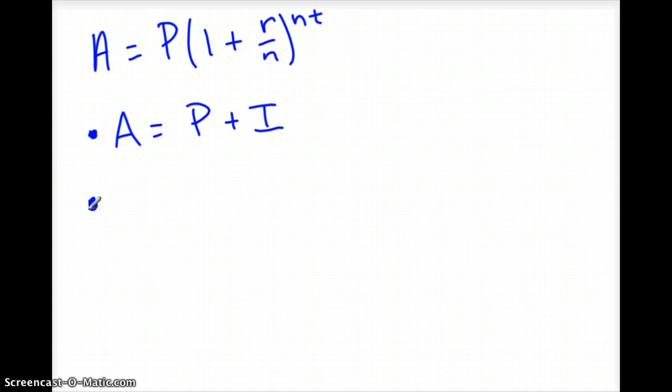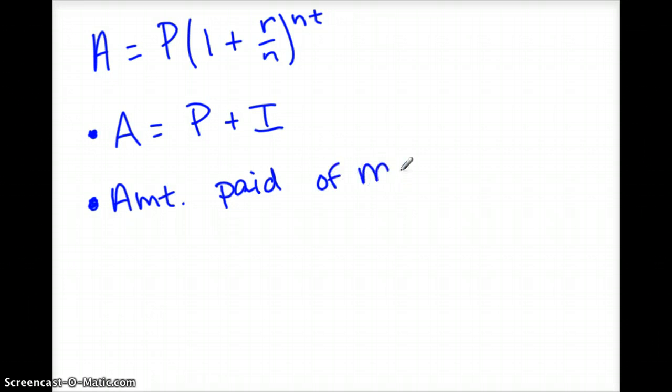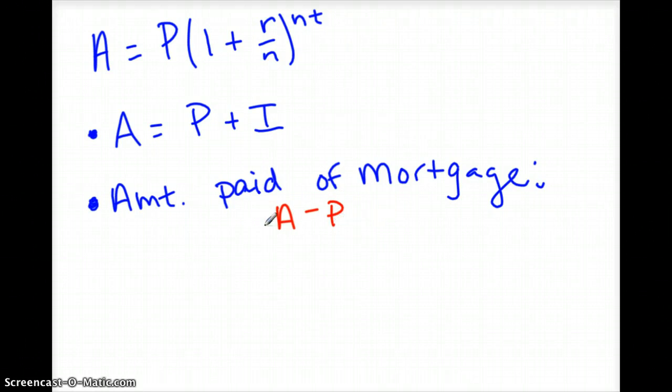Another thing is finding the amount paid of a mortgage, or in other words, the equity of the home. How do we find that? We take the A value and subtract the principal, and that gives me the amount that's paid.